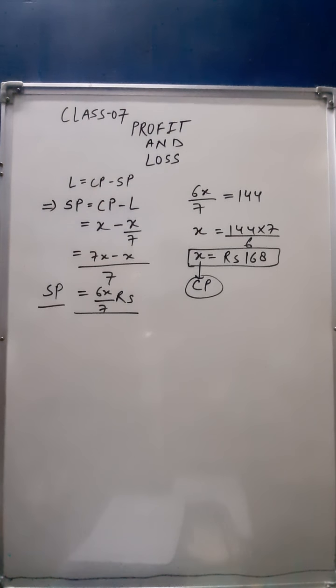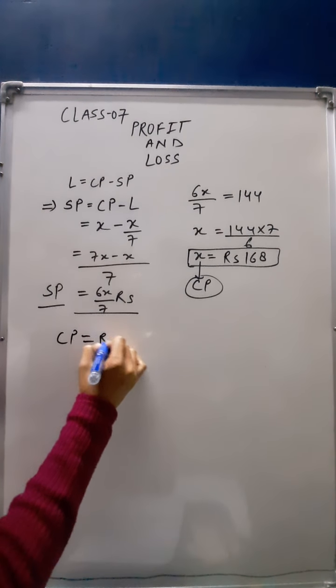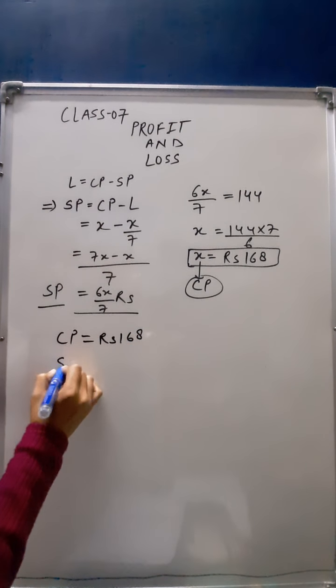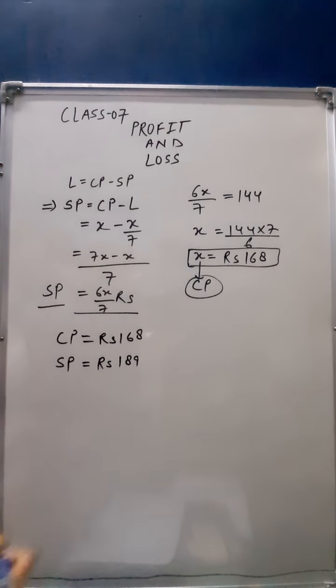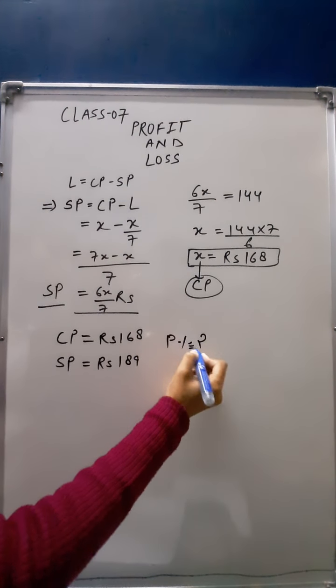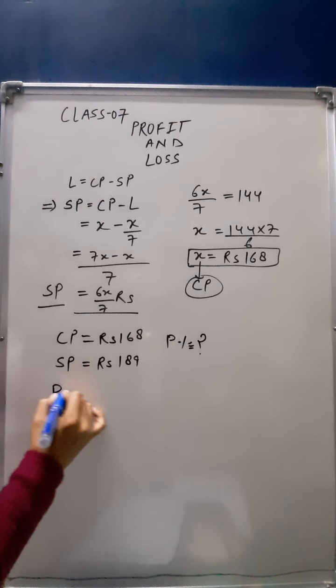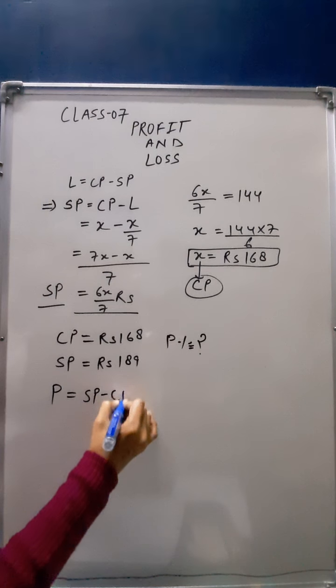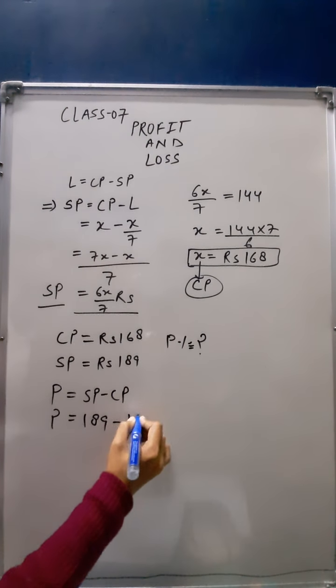Now we have calculated the cost price. Further in the question it is given that if the jug is sold for rupees 189, we have the cost price as rupees 168. The SP is rupees 189 and we have to calculate the profit percent. For calculating profit percent, we will first calculate the profit: selling price minus cost price, 189 minus 168.